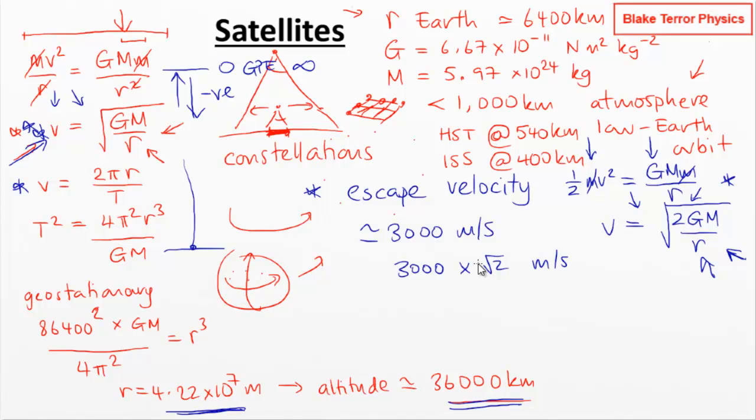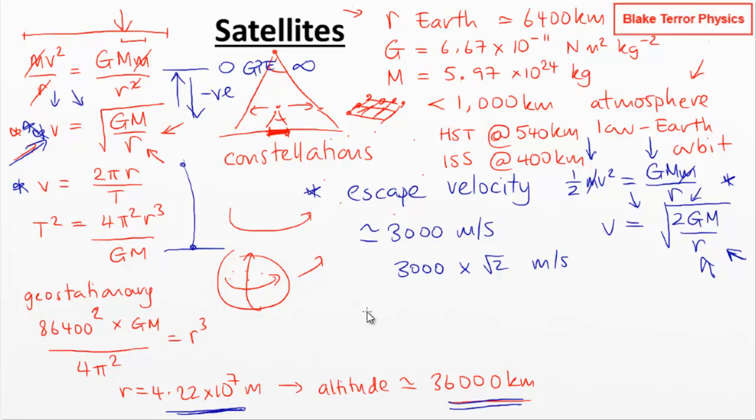So escape velocity depends upon where you are, because where you are tells you how much GPE you've got to supply from your kinetic energy. If you were on the surface of the Earth, again we can do this calculation, 2GM over r square rooted, to find the escape velocity from the surface of the Earth.